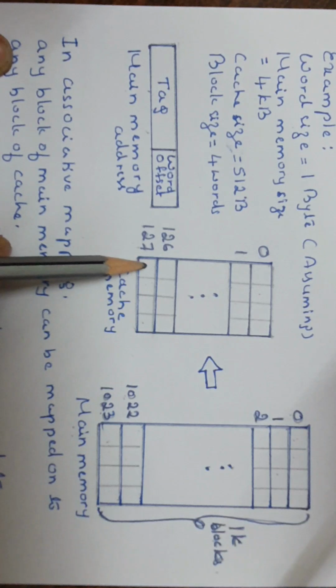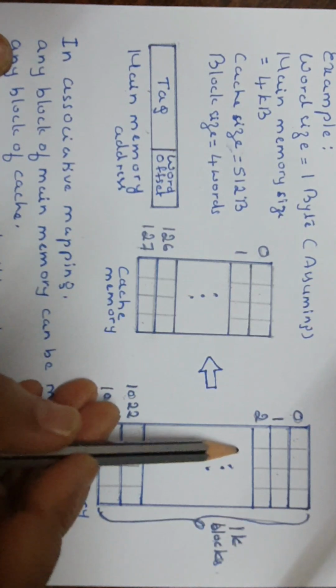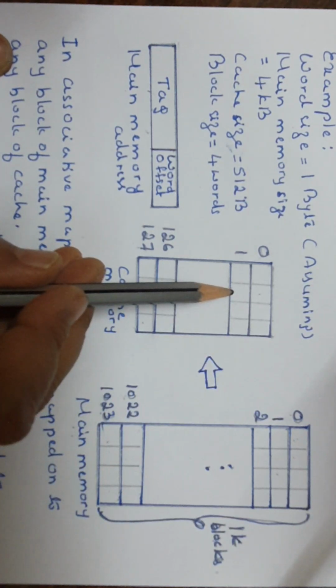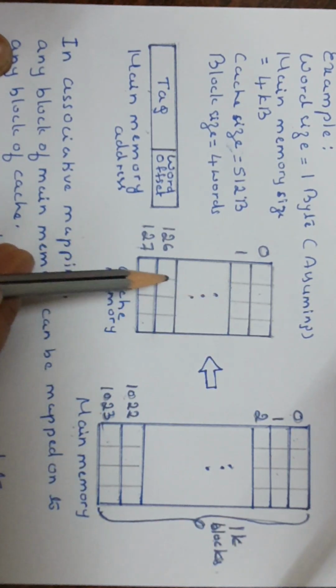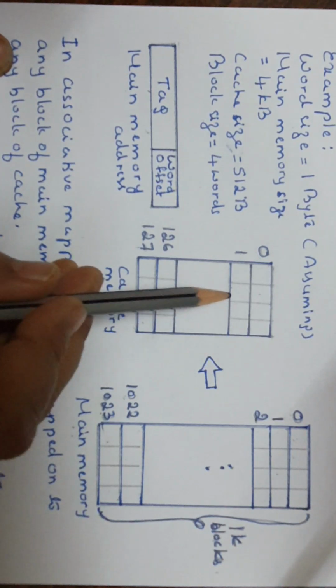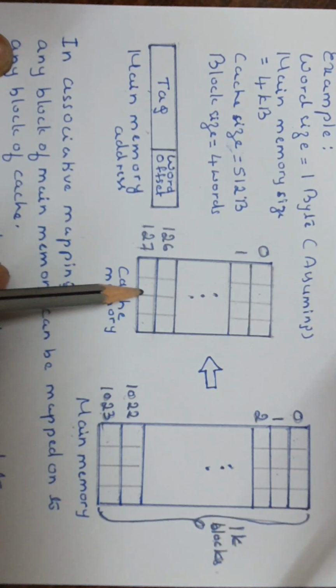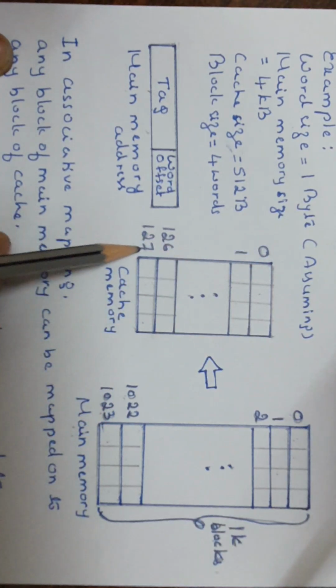So direct mapping, though simplest, made it very easy to know the cache block where a main memory block is copied, but there was no flexibility. It was rigid: only in that cache block would it be copied. But in associative mapping, the whole of the cache is available.